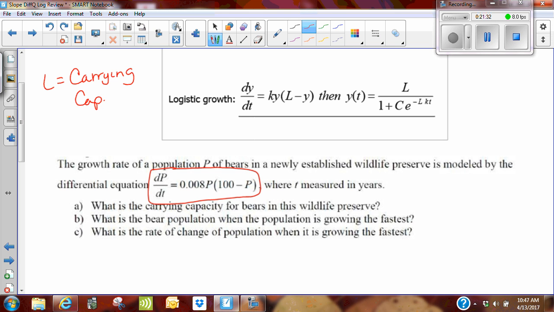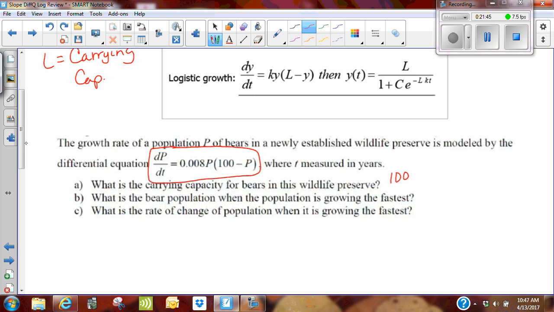Question A says, what's the carrying capacity for bears? 100. They could not have more than 100 bears in order to continue life for the bears. What is the bear population when it's growing the fastest? Half of that, so it's growing the fastest at 50.